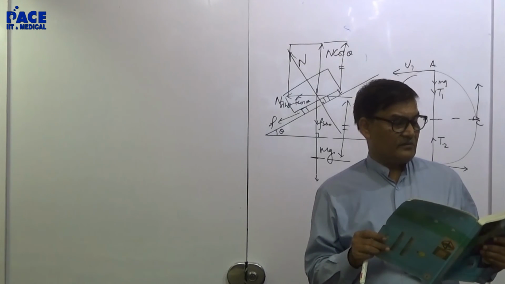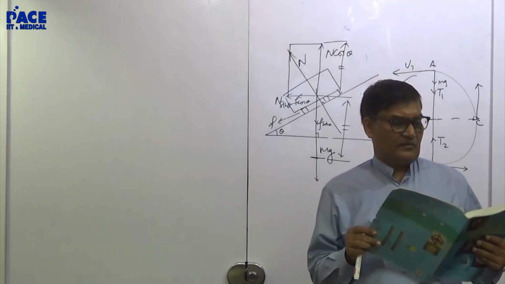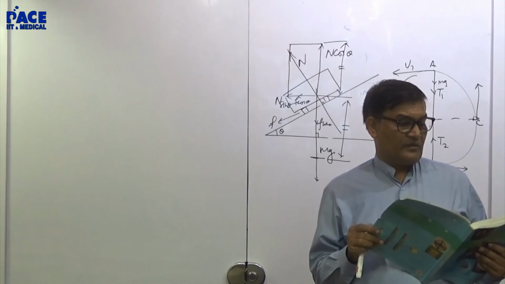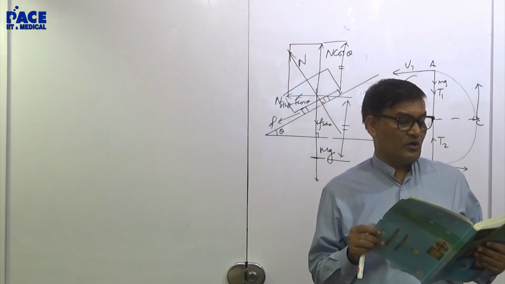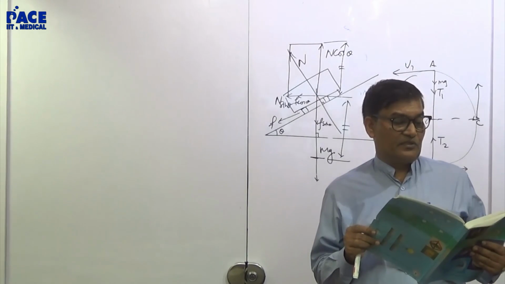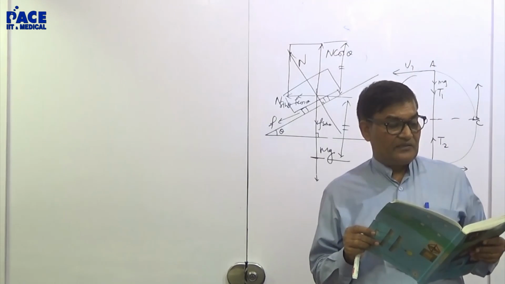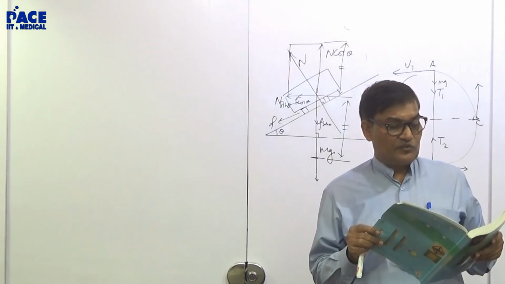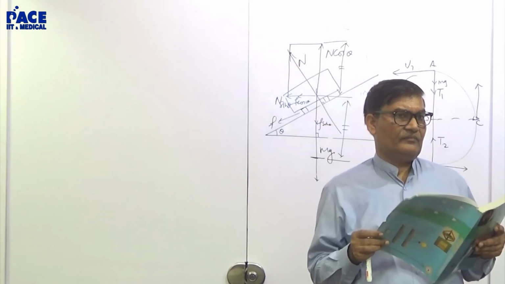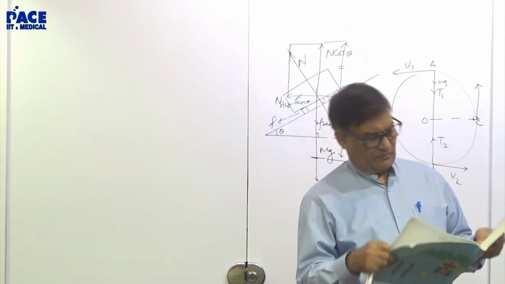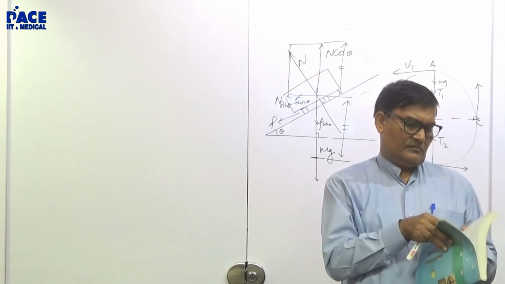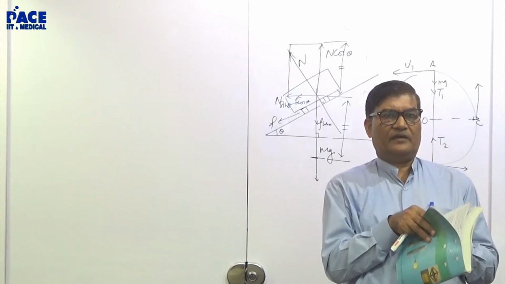And the last statement of the chapter: fading, disappearance of signal for a short time due to variations in height and density of ionization of the ionosphere, is called fading. That is all. Thanks.